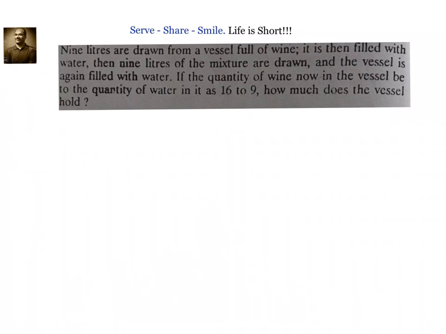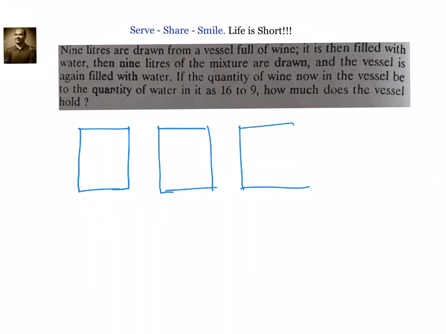So to solve this problem, let's take a simple example with a simple diagram. Let us say this is the vessel. Let's draw 3 of them so that we have 3 scenarios. Same vessel, if it looks different then it is fine. First, we have X liters, completely milk, nothing else.